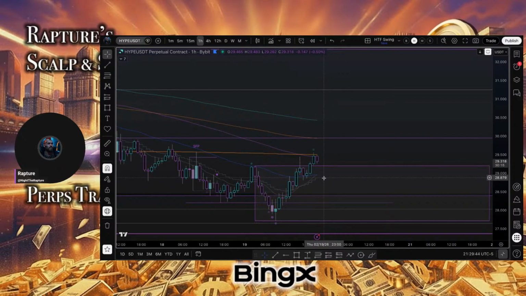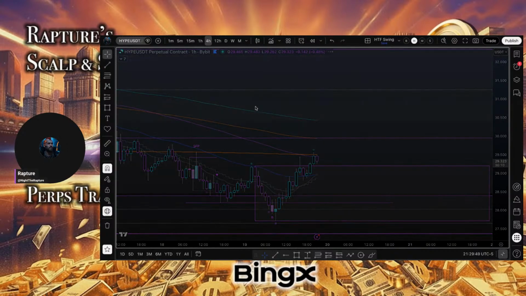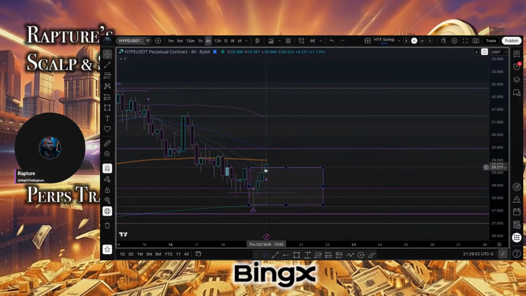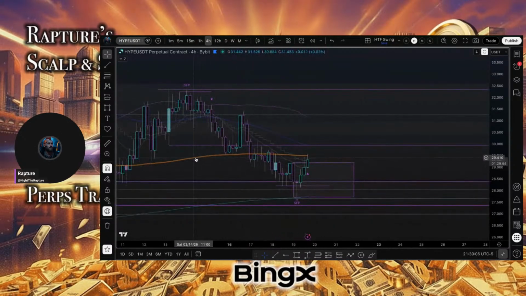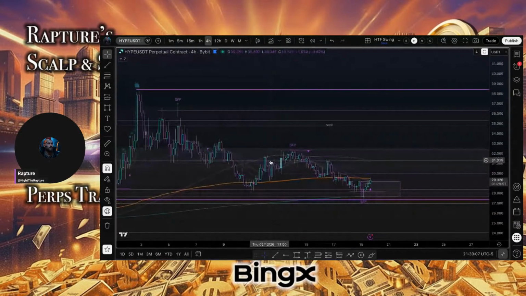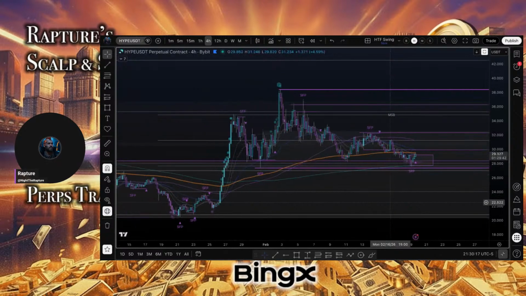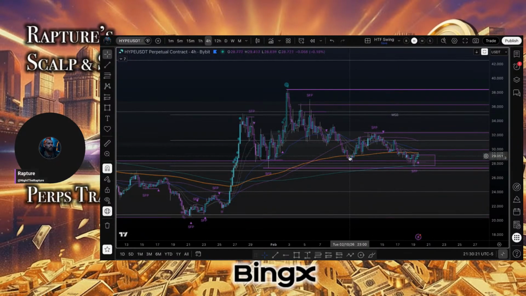You just start layering bits because on H1, your bias is bullish. I would personally wait to see if this H4 closes the breaker and confirms it, because if this closes as an H4 SFP, well then it could just trail all the way back down. Right, you can see here we're into the H4 EMA 200. That's the orange line. You can see how important that H4 EMA 200 has been.